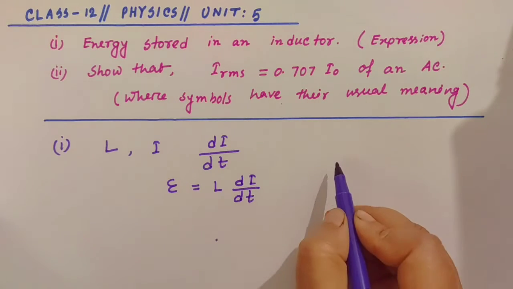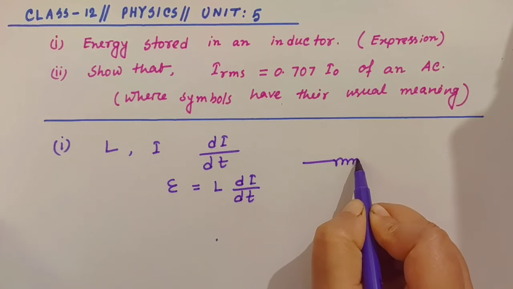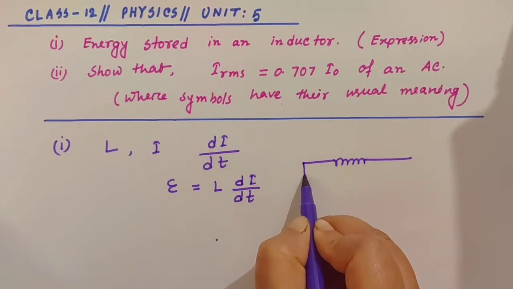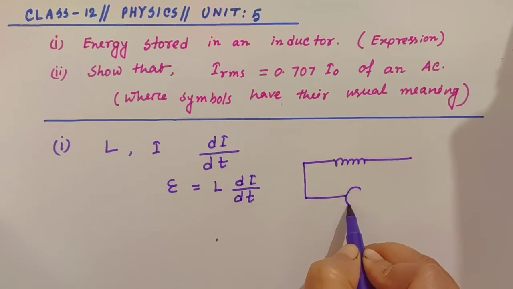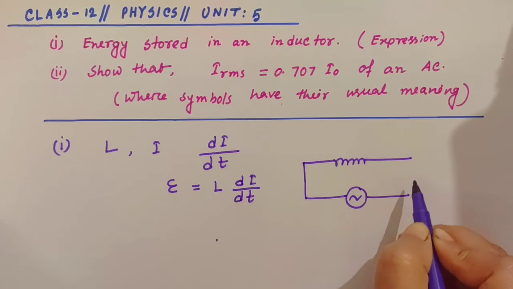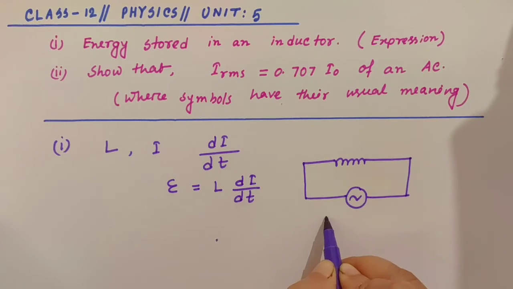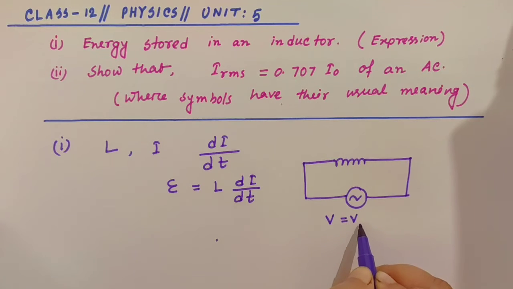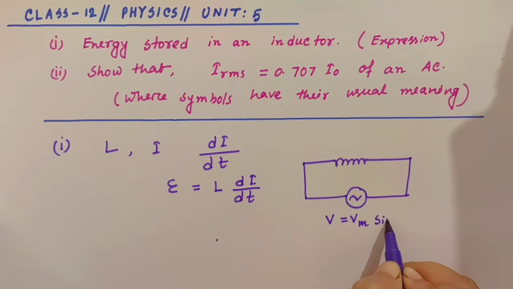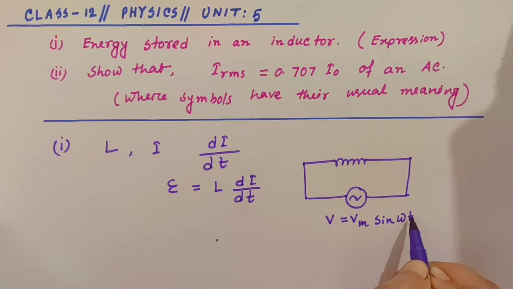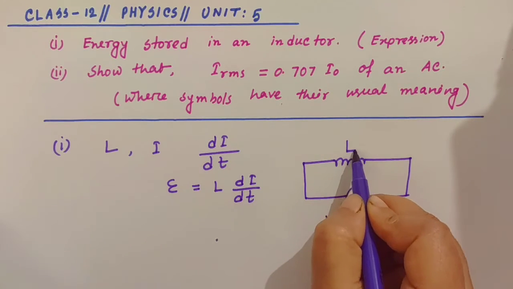If we draw the diagram, suppose this is our inductor and the inductor is connected with an AC source. Suppose V is equal to Vm sin omega t, and this is our inductor.